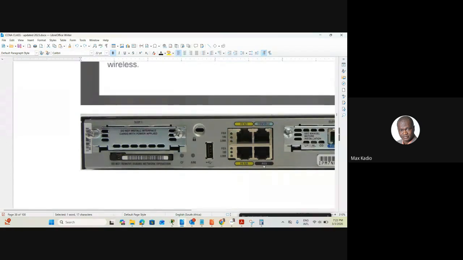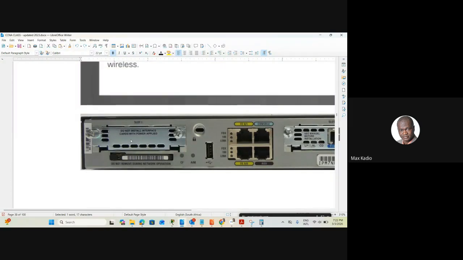Auxiliary, if you see AUX, in the old days it was used to connect your telecom box to here, so that the router could go to the internet. If your service provider is MTN or Vodacom or Telecom, they'll bring the equipment to your company and you connect their equipment to here for you to go to the internet.